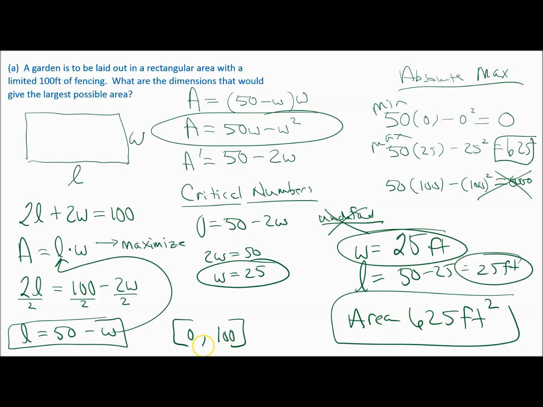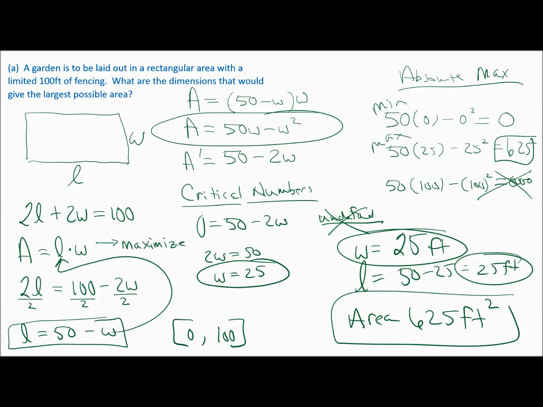But again, the smallest that your width could be is 0. It doesn't make a lot of sense because you wouldn't have any area. The biggest your width could be would be 100. But the fact is, that would take you back down to 0.